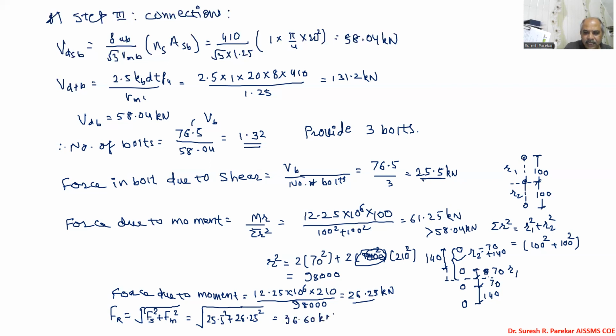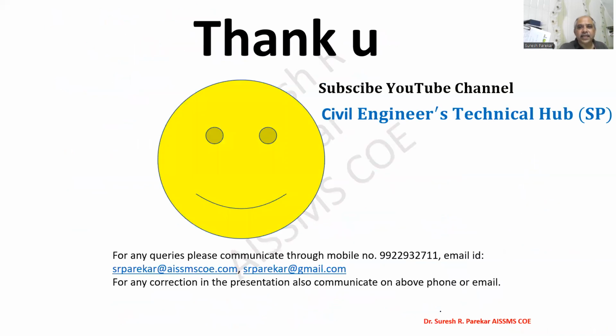This is less than VDB, which is 58.04 kilonewtons. So likewise, we have to solve these problems of battens.